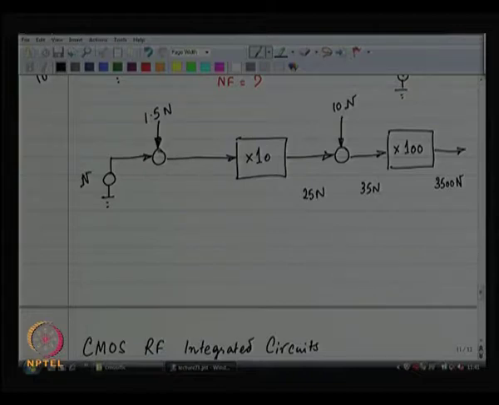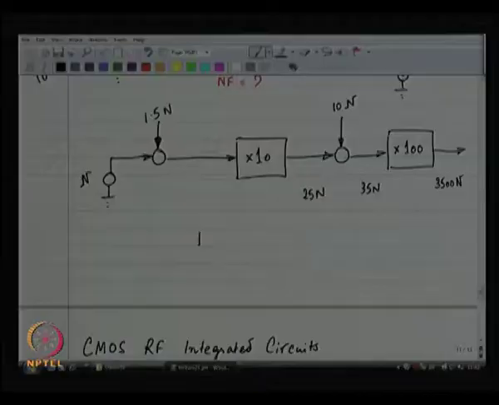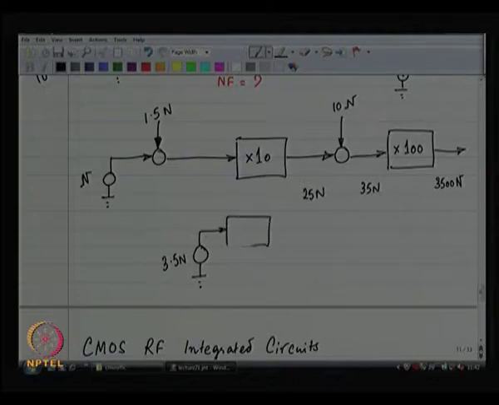But input referred, I have gone through a factor of 1000. So, it is as if I had applied 3.5 n over here and gone through my gain of 10 and my gain of 100. These two systems are equivalent. If I have a system with a noise input of 3.5 times n, it goes through a gain of 1000, I will get 3500 n at the output.